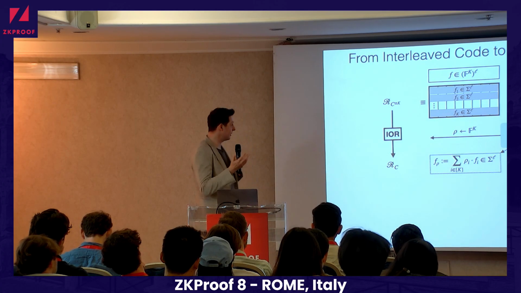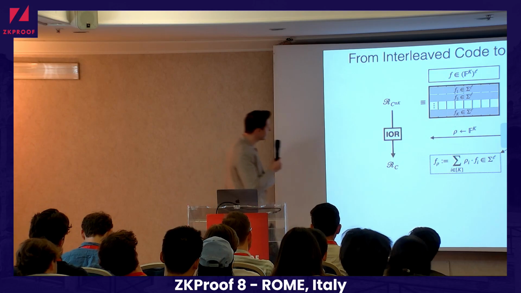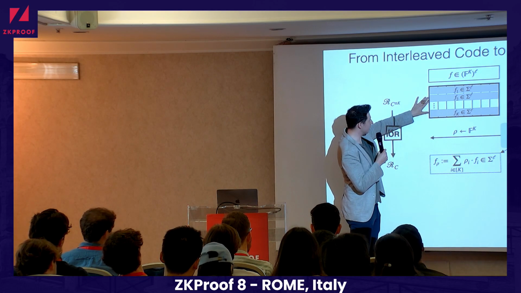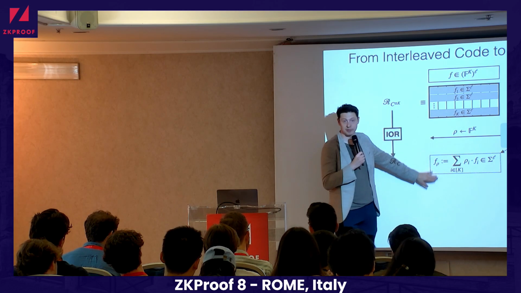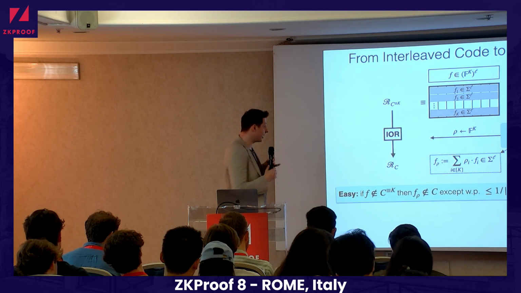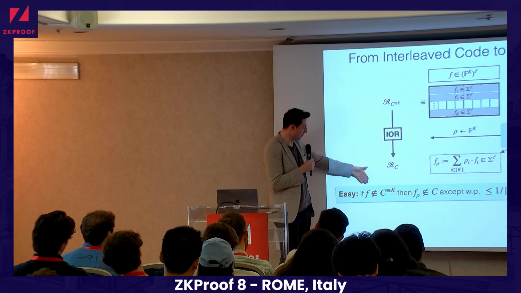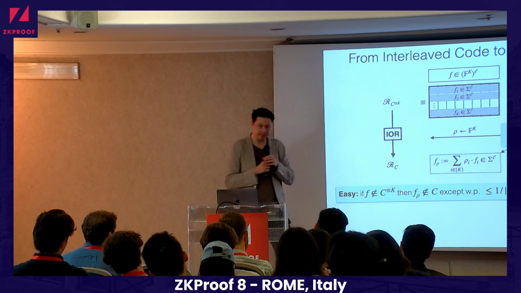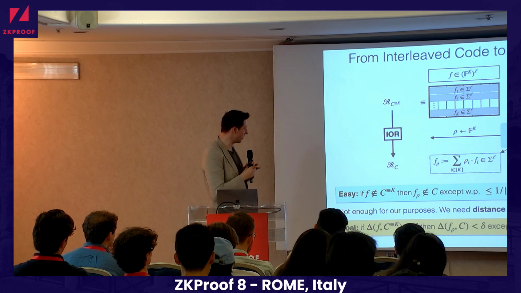And Dan gave a fantastic talk about how you can relate the distance of the original interleaved code to the distance of the derived linear combination. It's not hard to see that if you're not trying to create distance, not being in the code will lead to not being in the code with high probability, but it becomes a deeper question if you want to preserve distance.